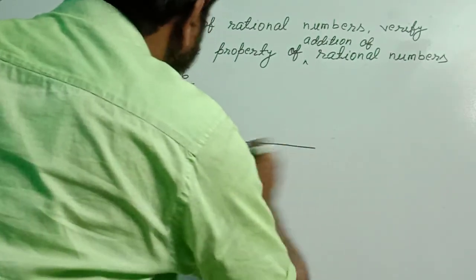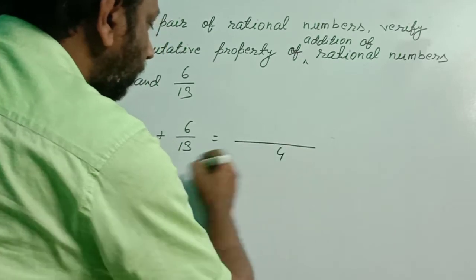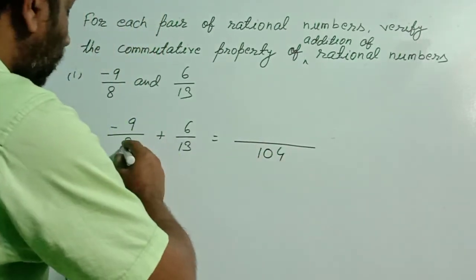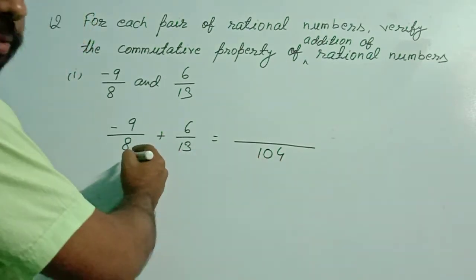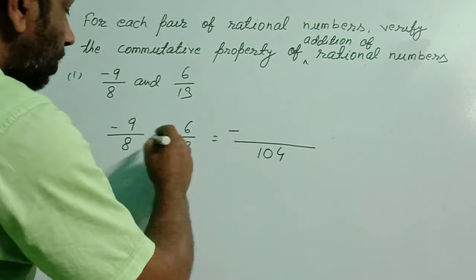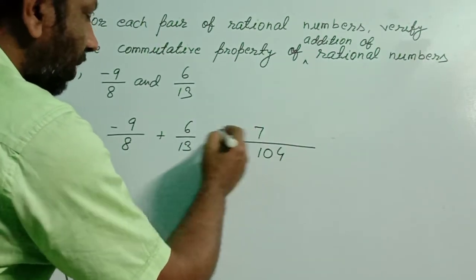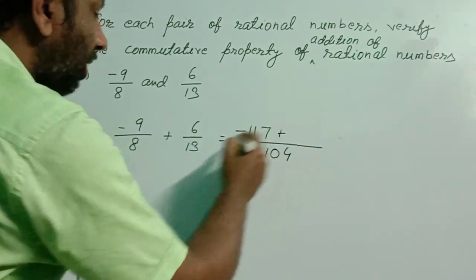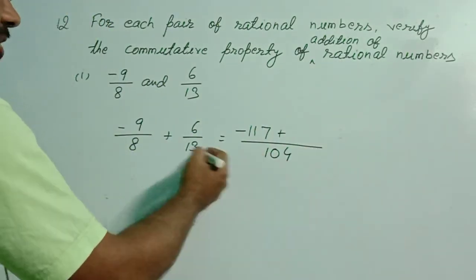Take LCM. 8 3s are 24, 2 8 1s are 8 and 2 10, 104. Now divide this LCM by this denominator 8. We got 13. 13 into minus 9. So minus 9 3s are 27, 2 9 1s are 9 and 2 11. And this plus will come here. Again we divide this LCM by this denominator.